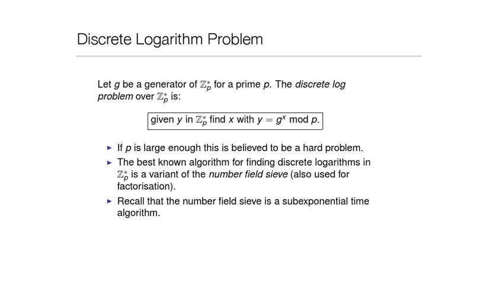Recall that the number field sieve is a sub-exponential time algorithm. Because of that, solving the discrete logarithm is believed to be hard, and any crypto system based on discrete logarithm can be at least as hard as solving the discrete logarithm.